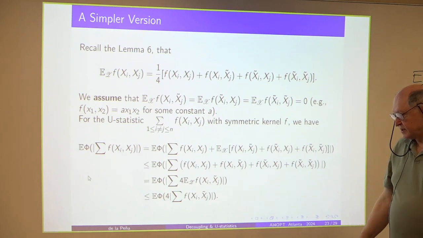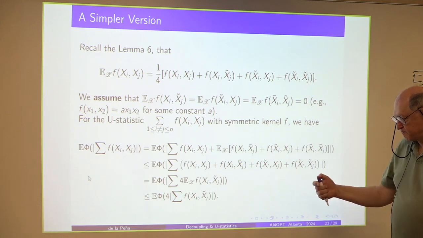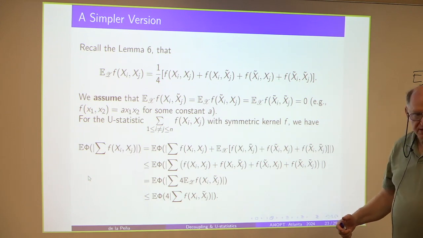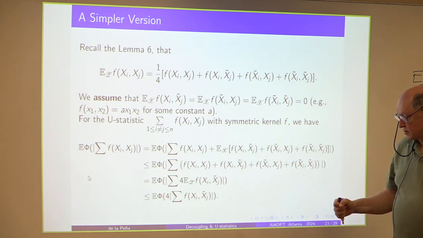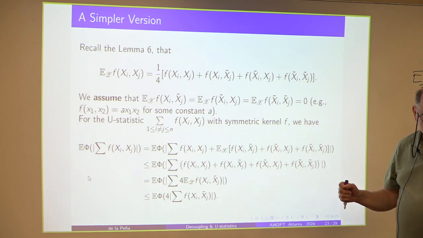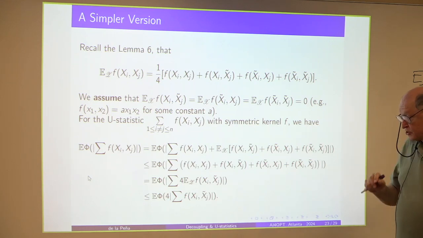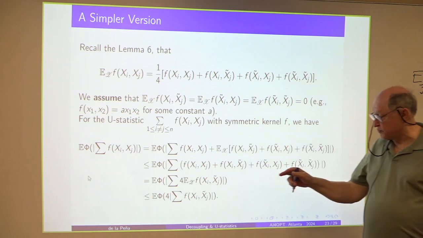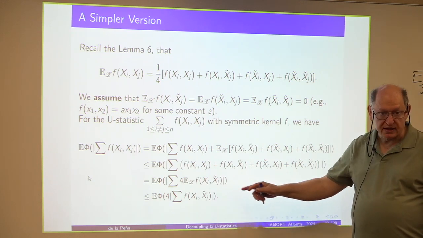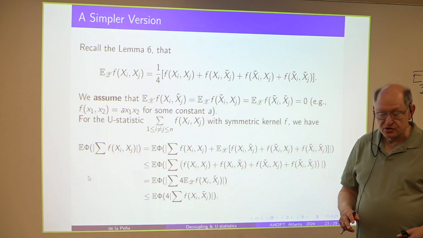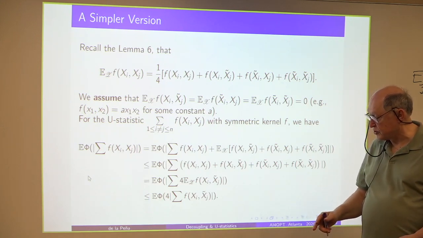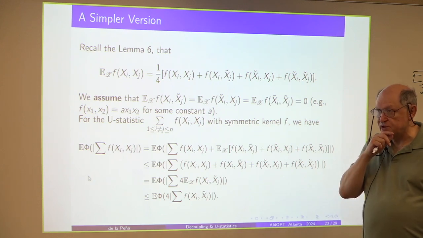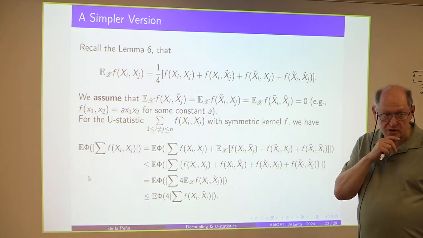Now, at the time, the first people that obtained decoupling inequalities for quadratic forms had to assume that the variables were mean zero. So the challenge was to get rid of the mean zero assumption, and that was tricky. The decoupling inequalities were known for quadratic forms of mean zero variables, I think in 1984.